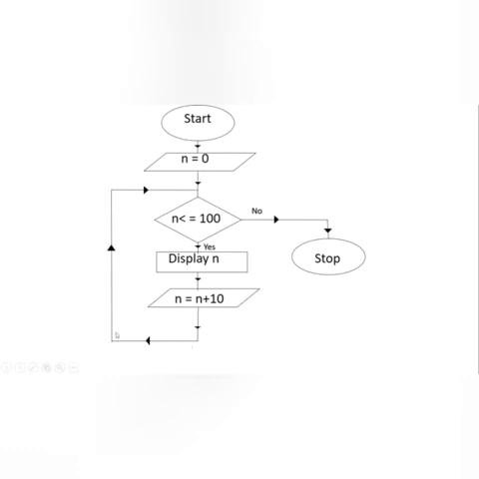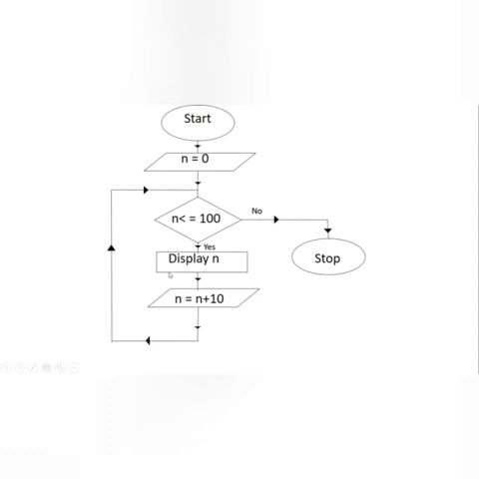The data flows, and now this n is no longer 0. So they're asking us, is 10 less than or equal to 100? Since 10 is less than 100, we go in the yes path.